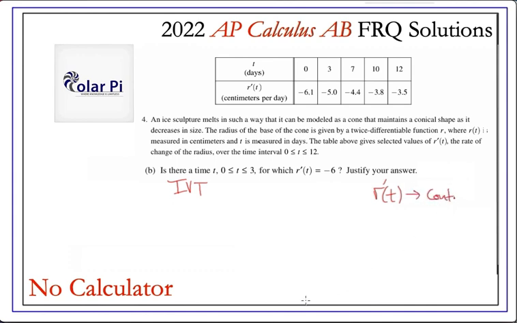And if it is continuous, then we know by the intermediate value theorem that if we have some y value here, let me do it in blue and try to accurately reflect the situation. At 0, we're at negative 6.1, and then at 3, we're at negative 5. This is not too accurate, but whatever. They're both below the horizontal axis.